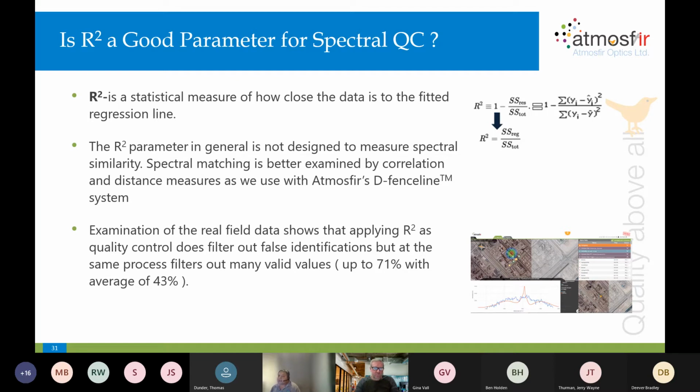But R square is a statistical measure of how close the data or groups of data are to the regression line. It's not good for comparing shape. For comparing shape, you need a different correlation coefficient, not the statistical R square.